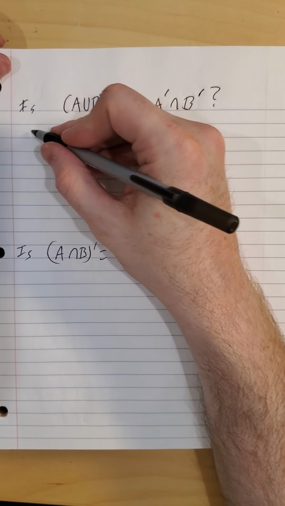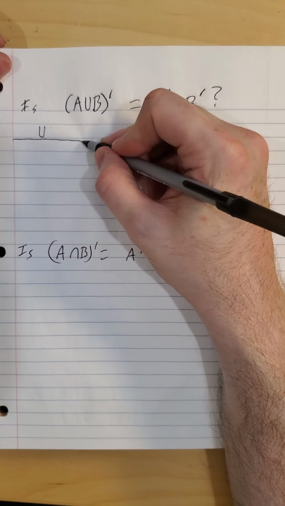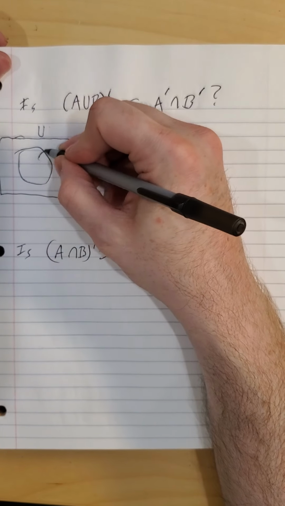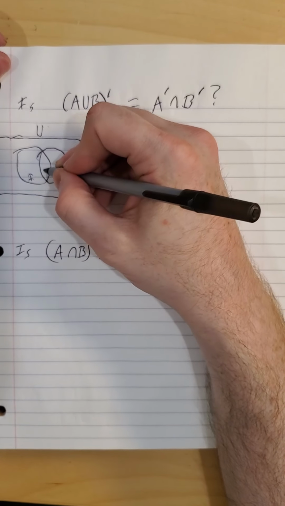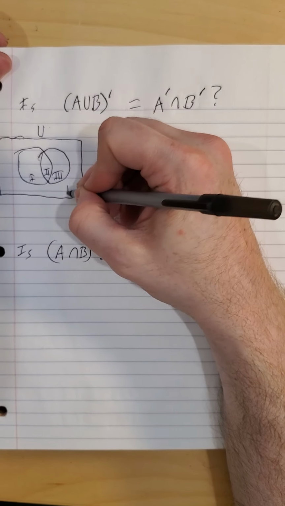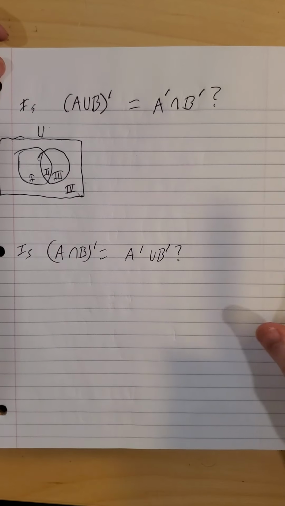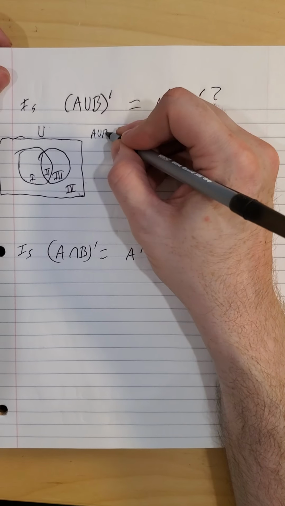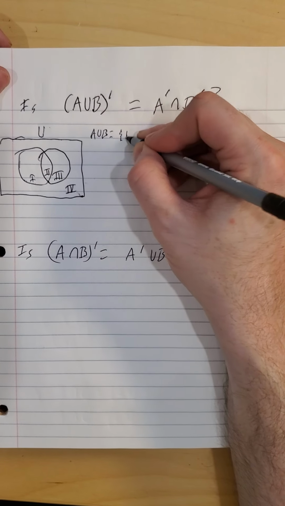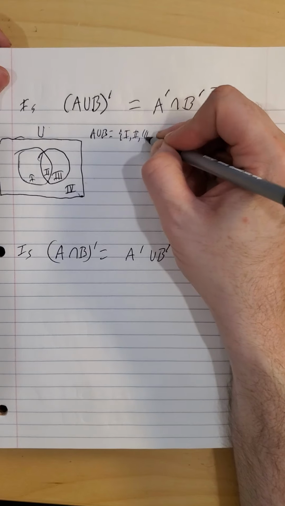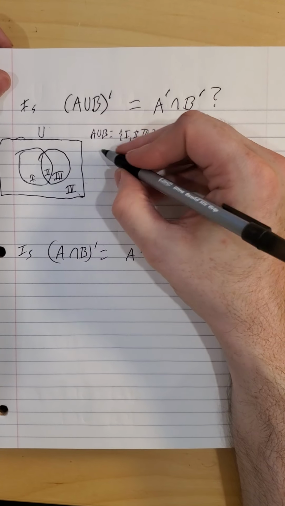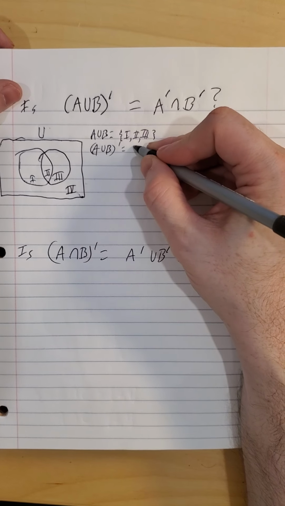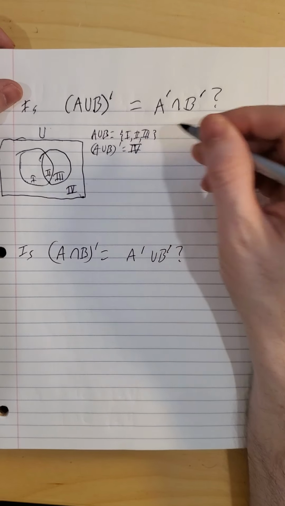Okay, welcome back. So here's our universal set. We're only talking about 2 at the moment, so I'll just draw the 4-region Venn diagram. So A union B is region 1, 2, and 3. So then the complement would be only region 4.